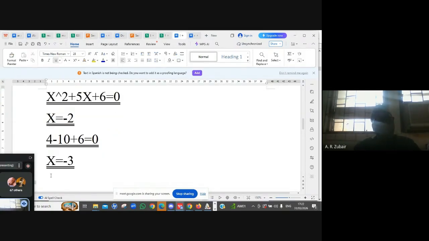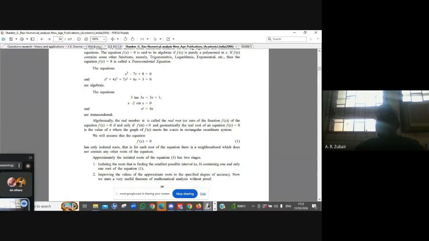When you put minus 3 there, what are you going to have? You're going to have 9 minus 15 plus 6. I'm sure you're going to get 0. So when you are talking of the root of an equation, when you substitute that root into the equation, you're going to get 0.